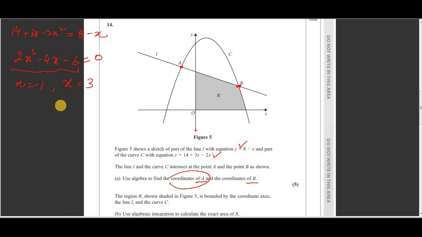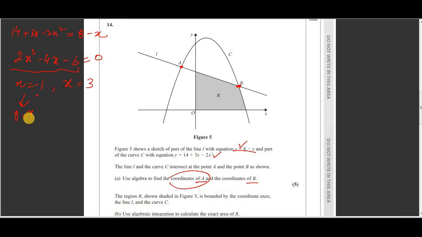So I'm going to put these two values one by one in the equation of the line to figure out the value of y. If you put x equal to minus 1 in the equation of the line, this is 8 minus minus 1, so 8 plus 1, so y is equal to 9.